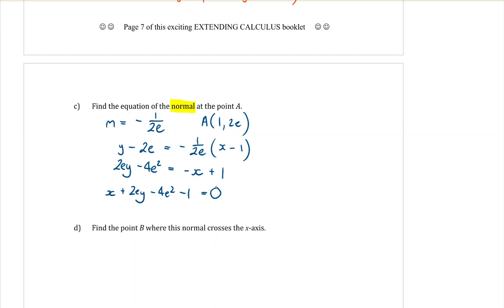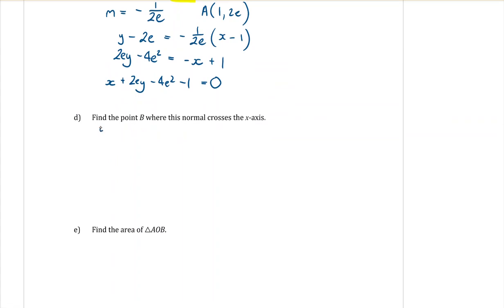Part D, find the point B where the normal crosses the x-axis. How do I find where something crosses an x-axis? I want to make y equals 0, that's right. So when y equals 0, where am I subbing that into? I'm subbing it into my normal.